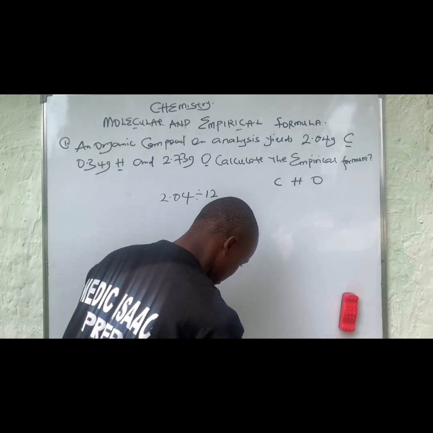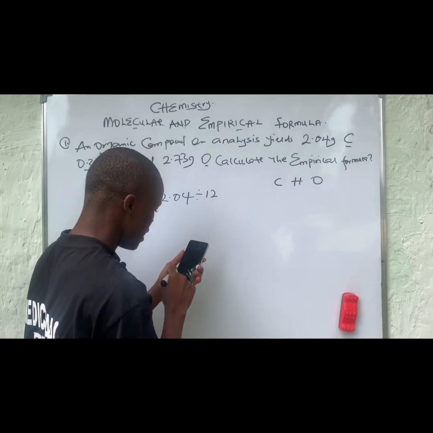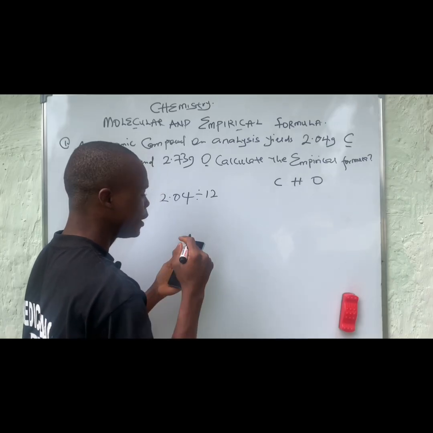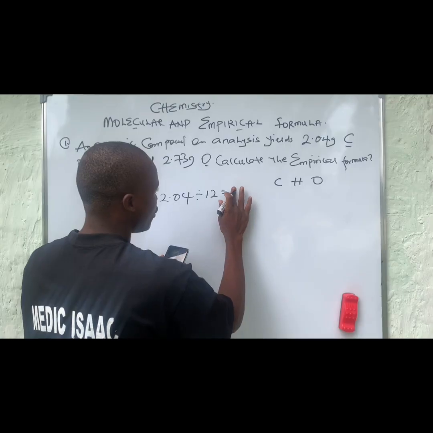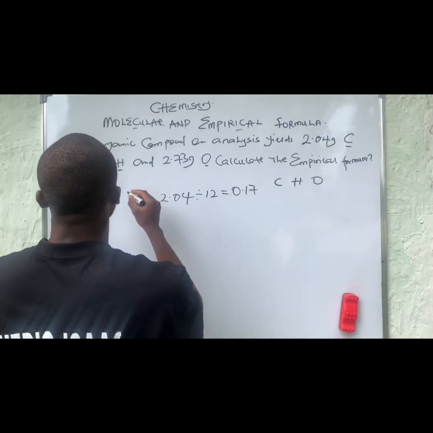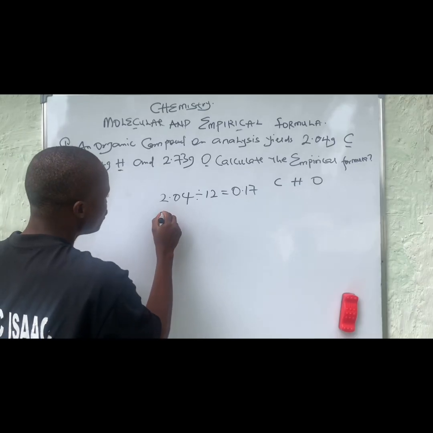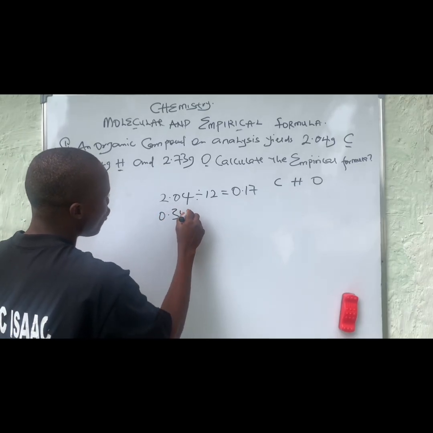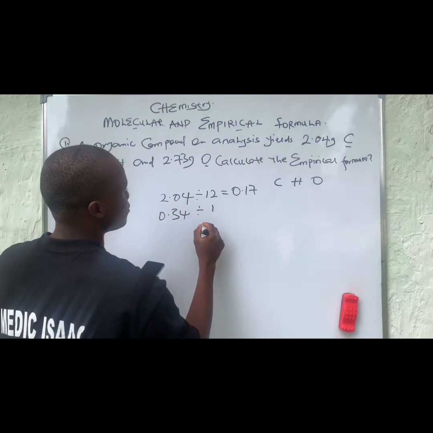Let's calculate that. 2.04 divided by 12 will give us 0.17. The next thing you are going to do is 0.34, which is hydrogen. 0.34 divided by 1. That is hydrogen.